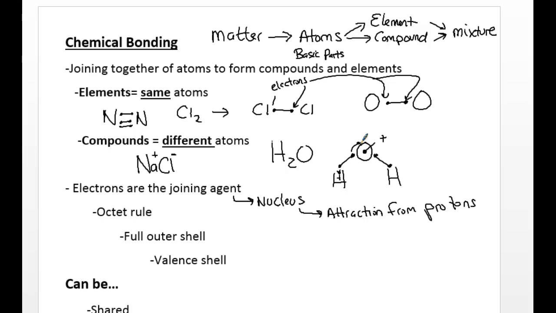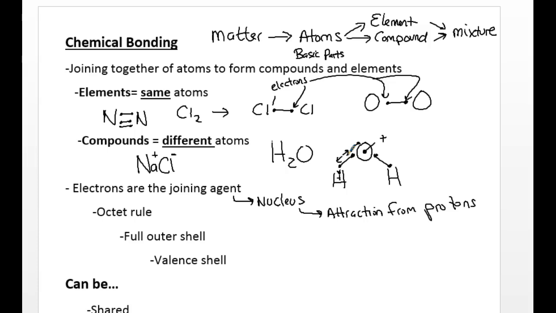But also remember the repulsion as well. So there's like a balance. So the nucleus of each is pulling the electron, both electrons, but also these electrons are trying to repel each other because they're the same charge, and like charges repel, opposite charges attract, and that's the law of charges. It's just true in nature.